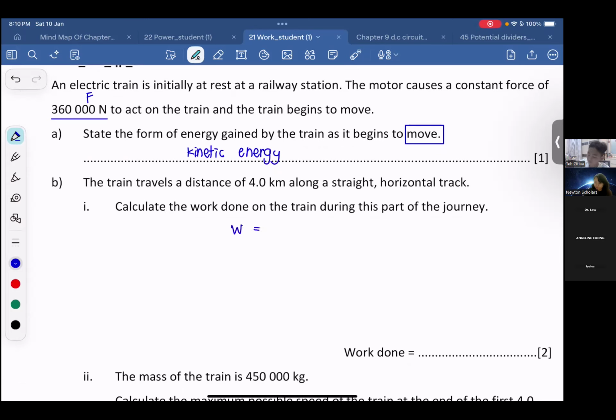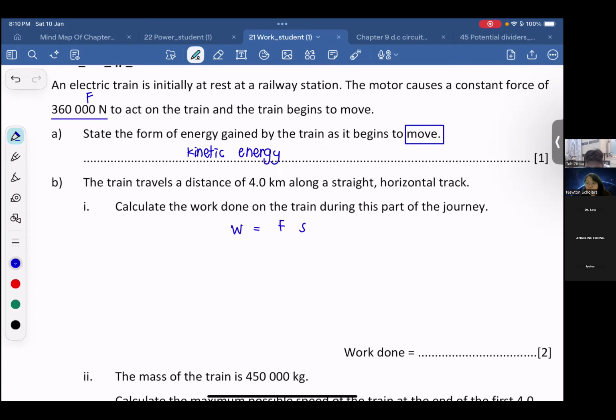Work done is force times distance. Make sure they are in the same direction. Because this is just a horizontal track, the force that we apply and the 4 kilometer are in the same direction.